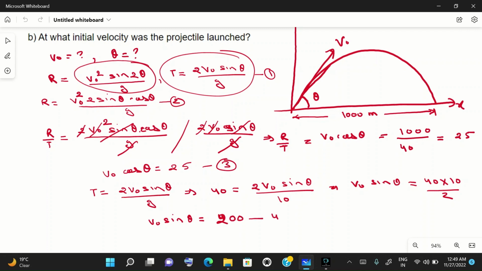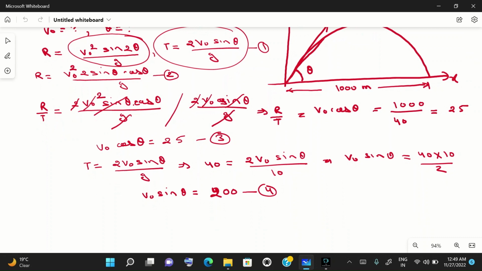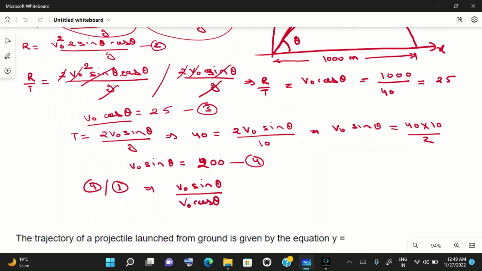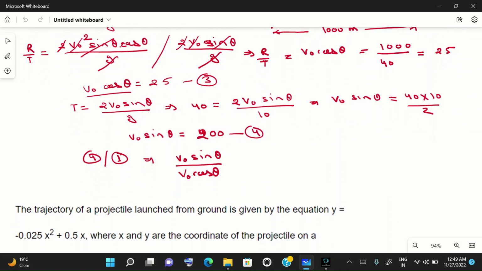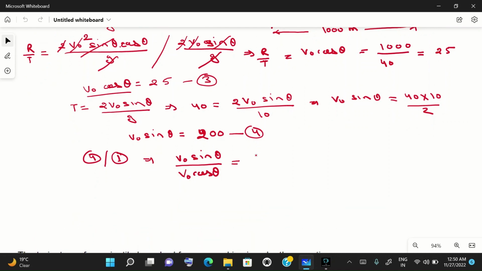So we have equation number 4. v0 cos theta is given, v0 sine theta is given, so we can divide equation number 4 by equation number 3. So we'll get v0 sine theta divided by v0 cos theta, which will be equal to 200 divided by 25. v0 will be cancelled with v0.